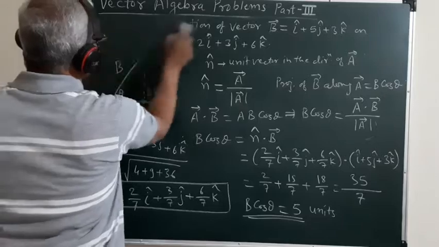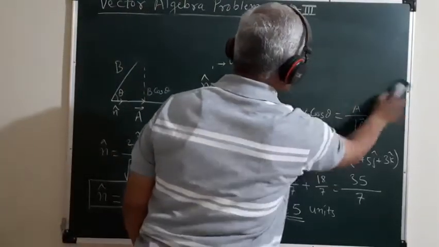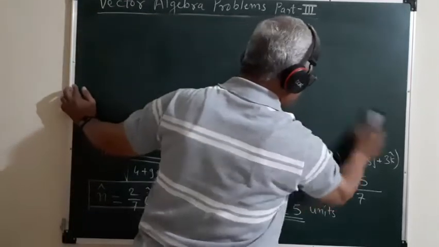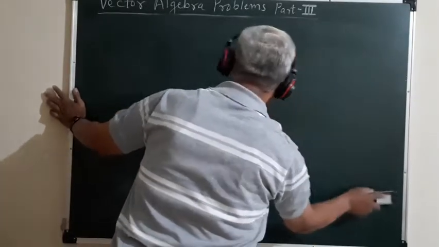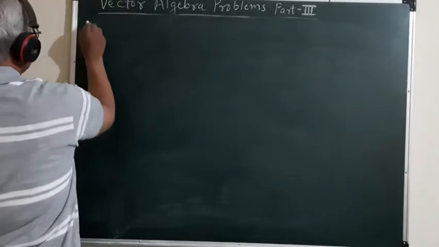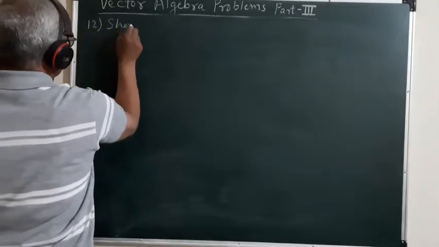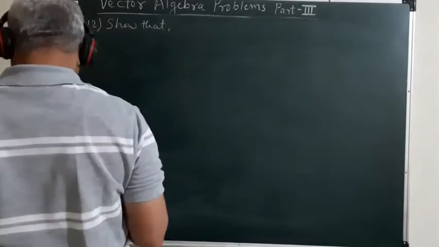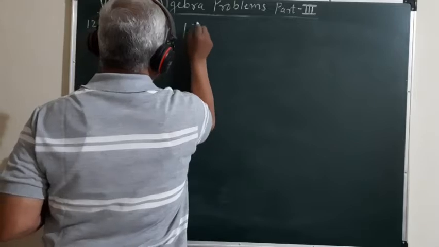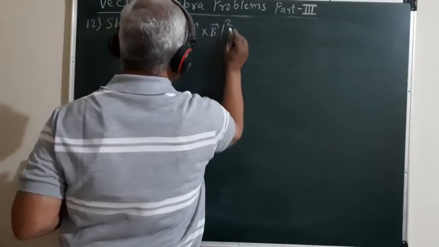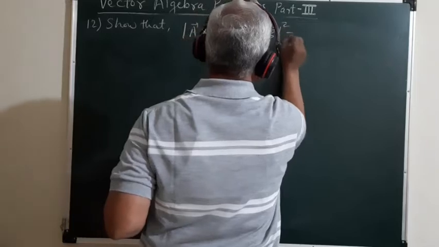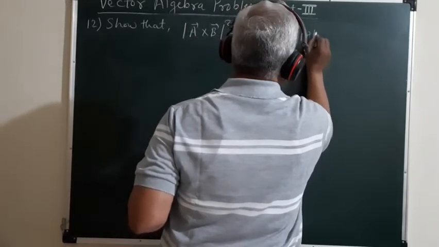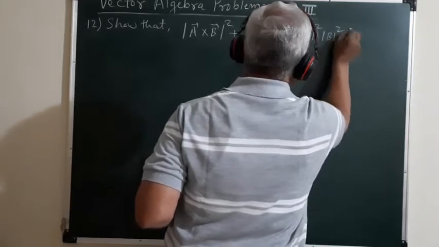So next we will see another problem. Next is, you are asked to show that modulus of a bar cross b bar square plus modulus of a bar dot b bar square is equal to mod a square into mod b square.